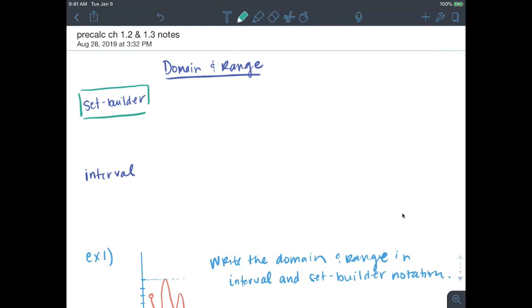For the domain, we're going to put the minimum x value. In basic student budget, that would be 0, less than or equal to x, less than or equal to our max value, which was 30 days. So the x values are sandwiched between our 0 and our 30.